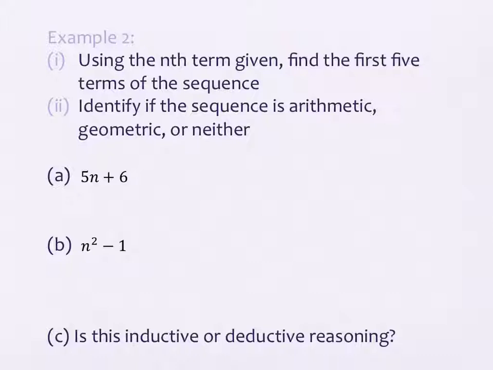Okay, so you should have 5 terms, and you should have the statement arithmetic, geometric, or neither. And once you have that, and your neighbor does, compare.